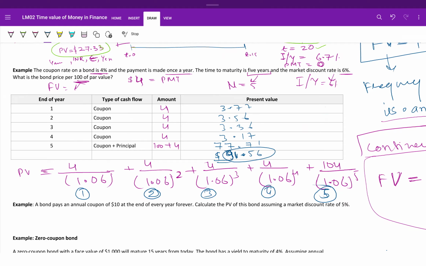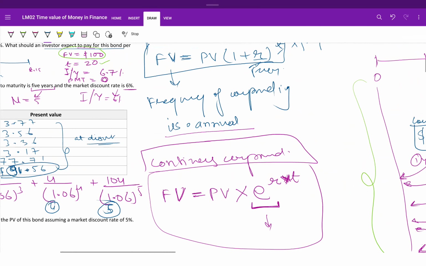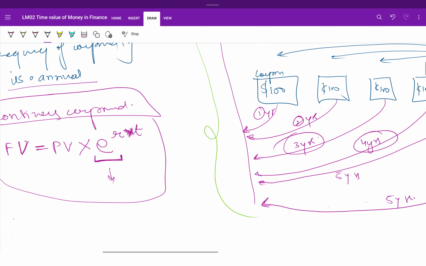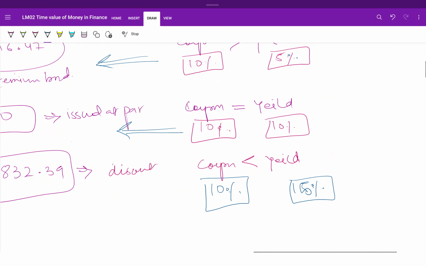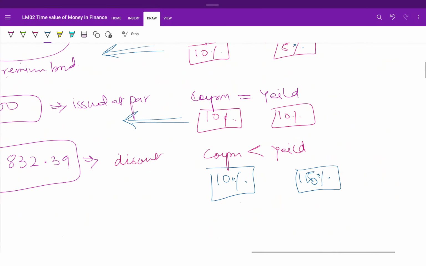This means the bond is at a discount. One feature you would have understood is that here the yield is greater than the coupon. Yield greater than the coupon means the bond is issued at a discount.